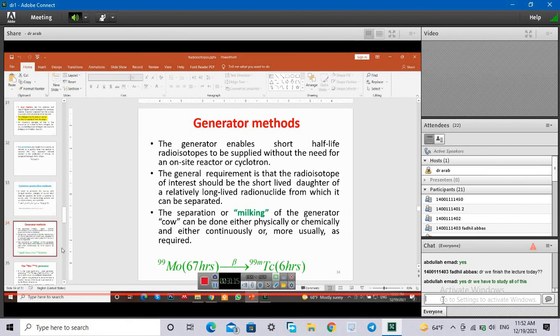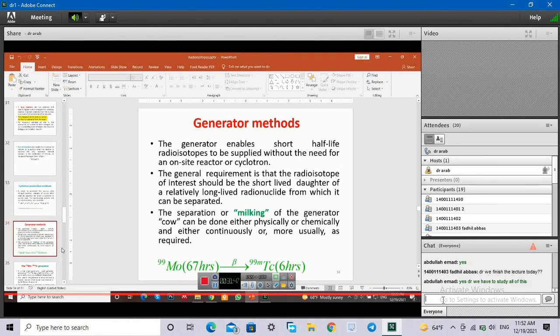The first thing we should consider is that the half-life of the mother radionuclide should be much higher than the half-life of the daughter radionuclide. Interestingly, the separation of the daughter from the mother in a generator is called milking.